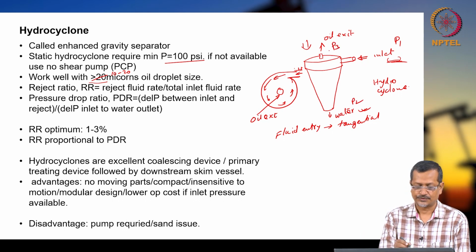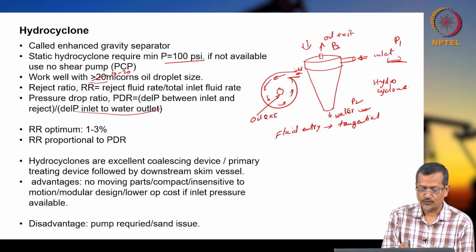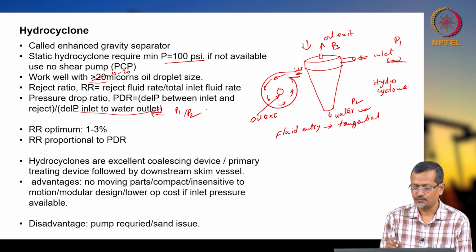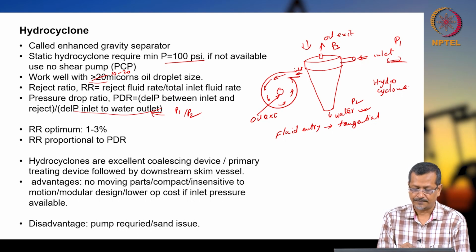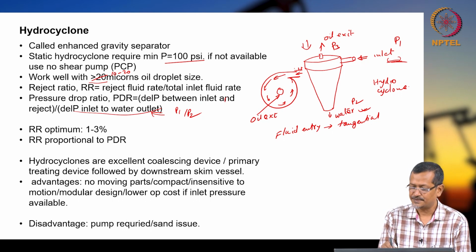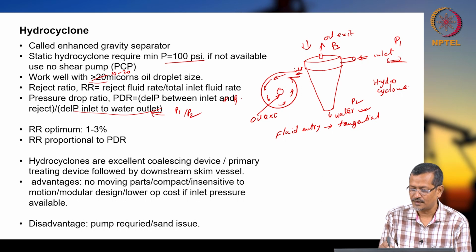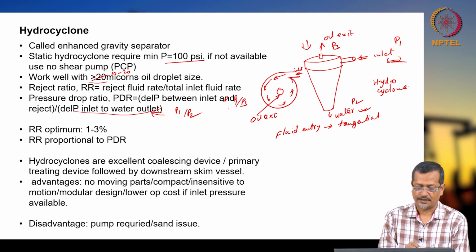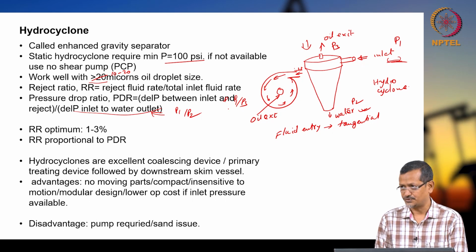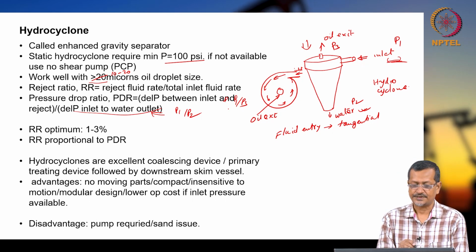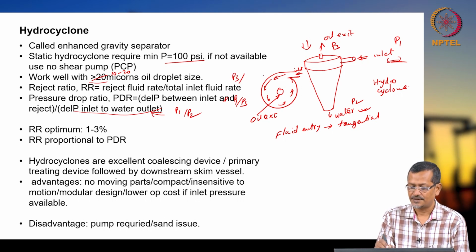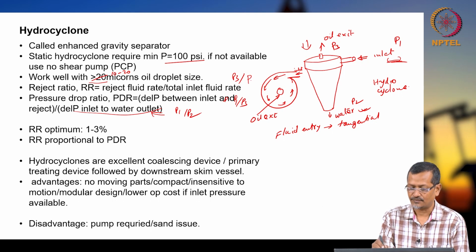Delta P between inlet to reject, inlet means P1, divided by P3. This ratio is called pressure drop ratio, and reject ratio is the reject fluid by total inlet fluid rate.